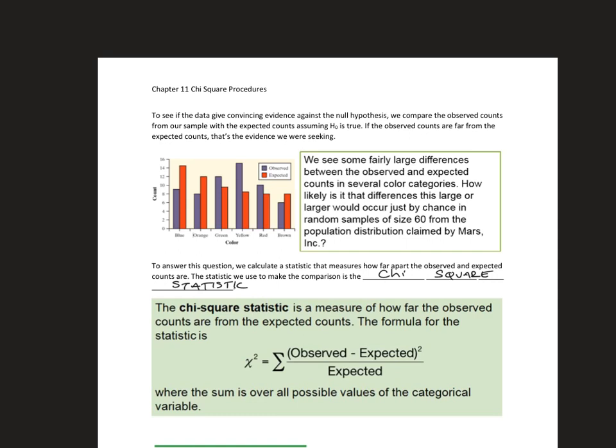The formula for the statistic is chi-squared equals the sum of observed minus expected squared, divided by expected, where the sum is over all possible values of that categorical variable.